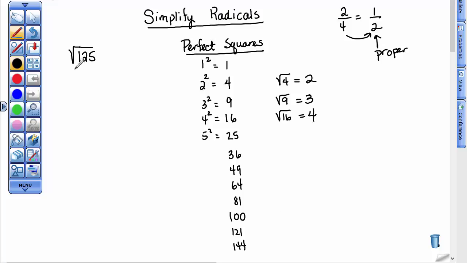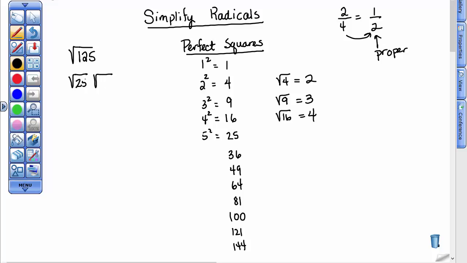Then, in order to simplify a radical, you have to break the number 125 into the product of two numbers. You have to look for the number in this list that divides into 125 evenly, and you've got to look for the biggest number in the list that divides into 125.